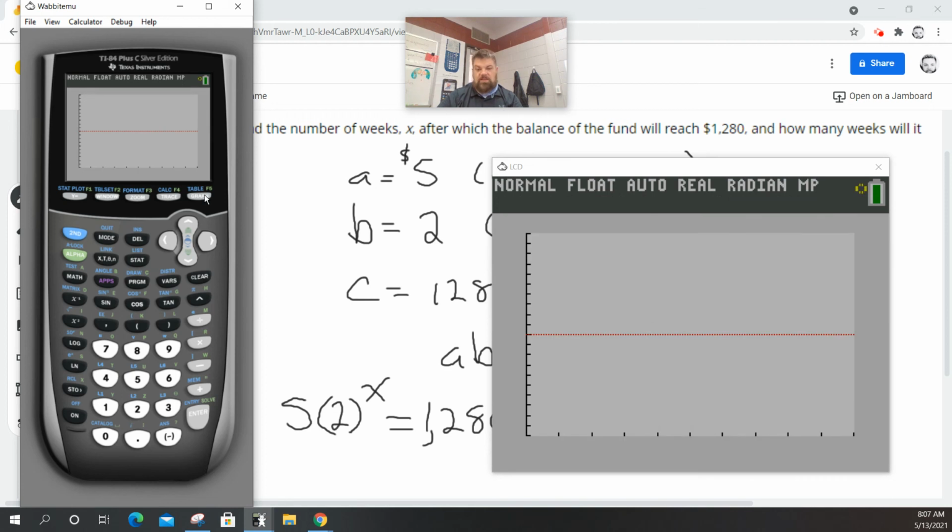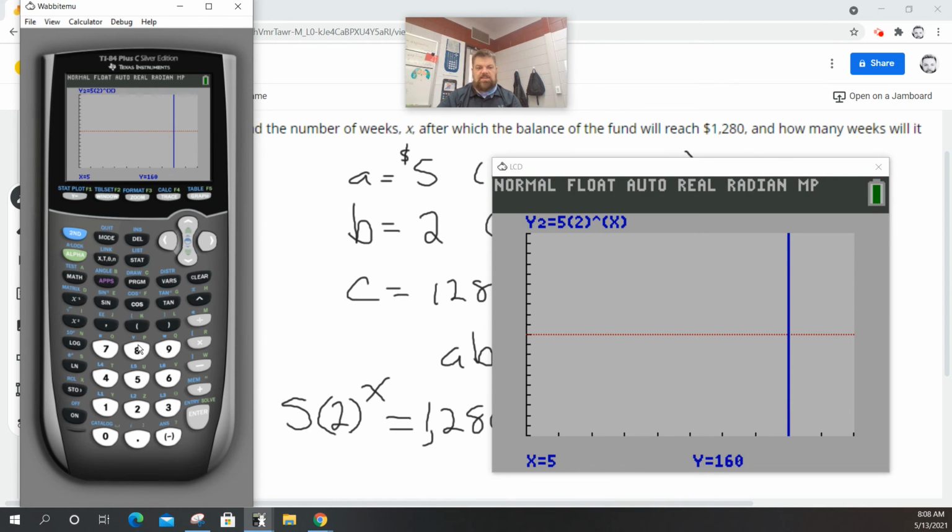So there's my 1,280, the red line. And then hopefully that blue line will cross through here. Yep. So this point right here, if I count, this is 1, 2, 3, 4, 5, 6, 7, 8.